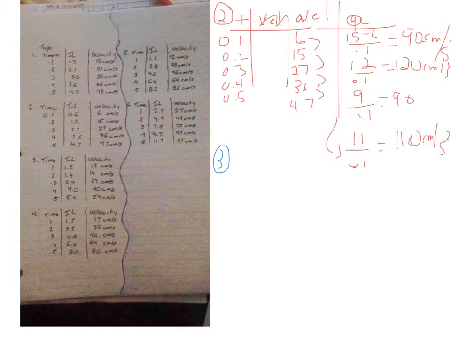So for 3, I'm just going to do the acceleration since I've done such a poor job of the charts up above there. So the first one's going to be 19 minus 12 over the 0.1. So that's going to give us 7 divided by 0.1, or 70 centimeters per second squared. The next one, I'm not looking at this very well, sorry.